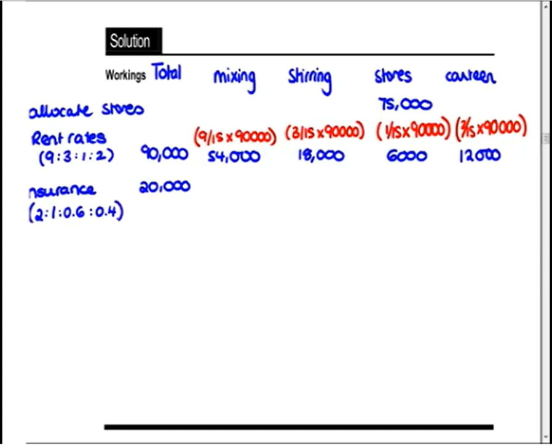As 50% then of the value of the machines lies with the mixing department, 50% of the insurance cost is going to go into the mixing department. Half of that again will go to the stirring department.